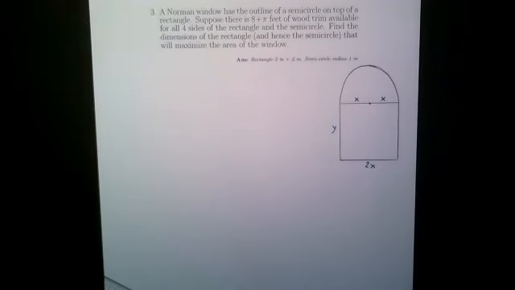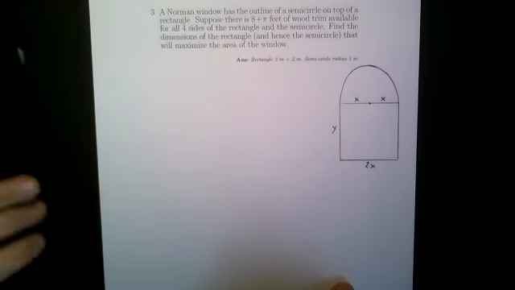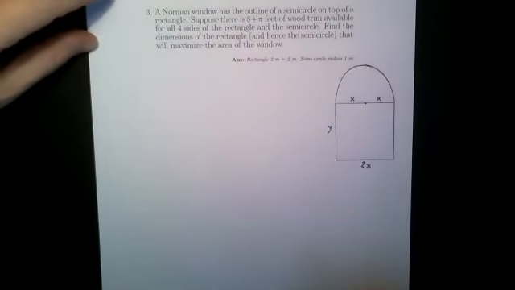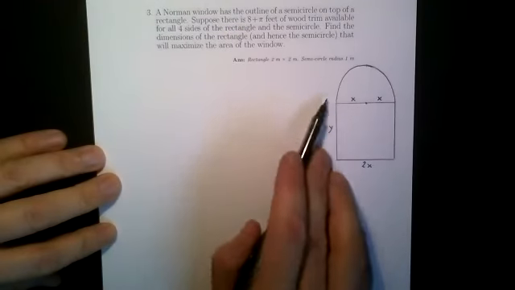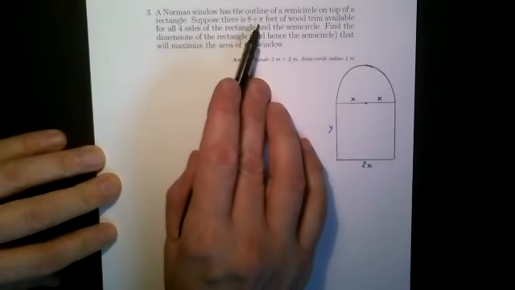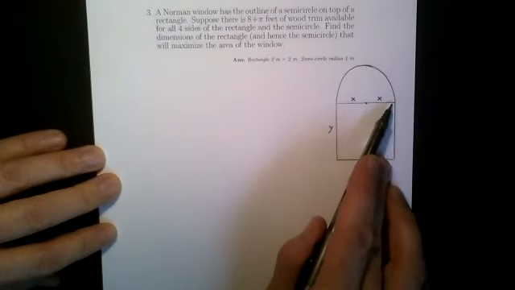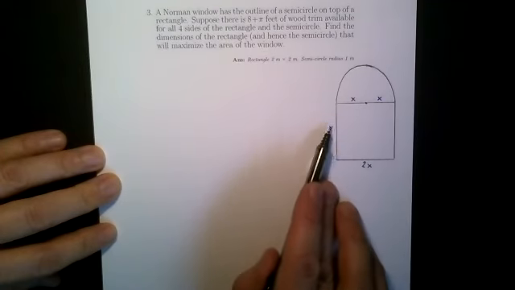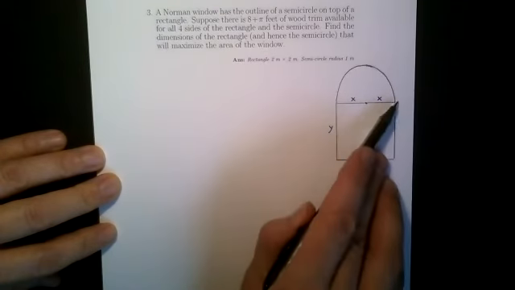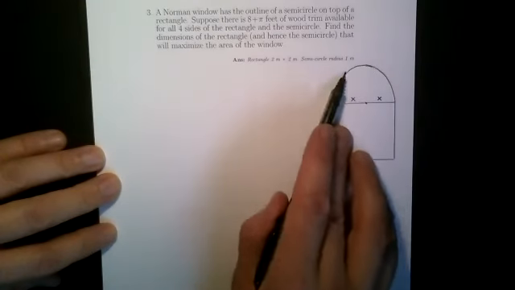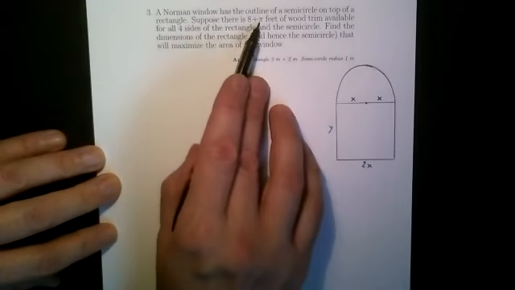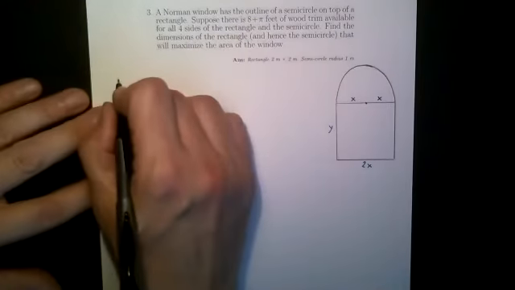Let's go for it. So what do we know? We are given that the total wood available is 8 plus pi. So basically x plus y plus 2x plus y plus the length of this arc has to give me 8 plus pi.